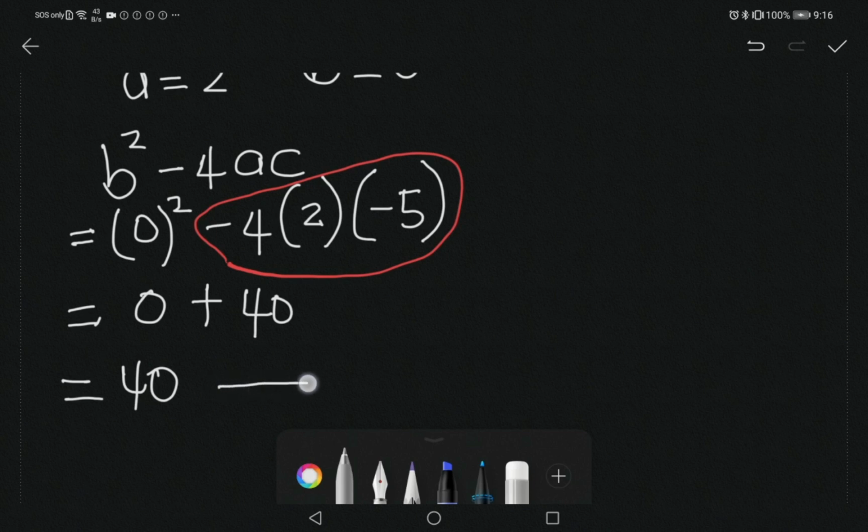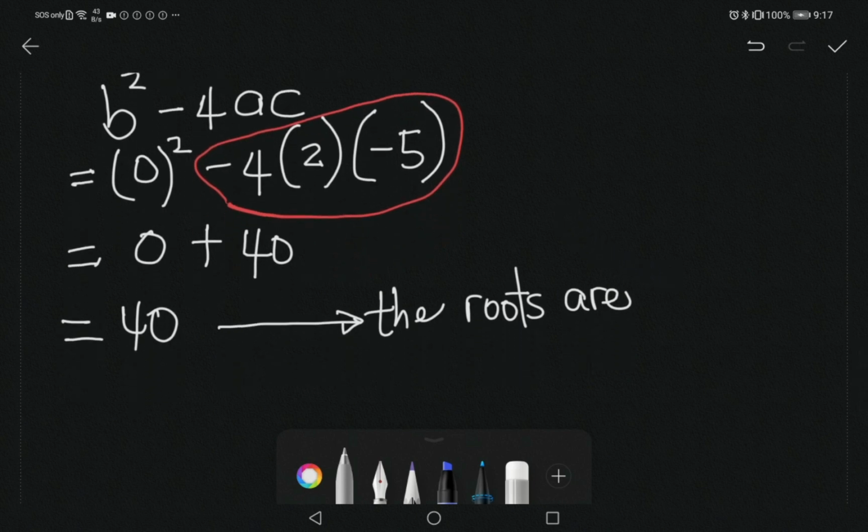So unsay atong nature sa roots? 40. So dili na siya ma-square root. Dili siya perfect square. Not a perfect square. So ang nature sa atong roots is the roots are irrational. Basta dili perfect square, irrational na siya.